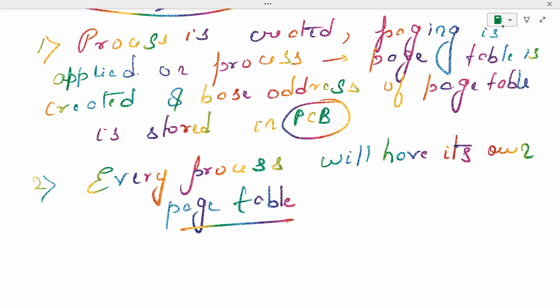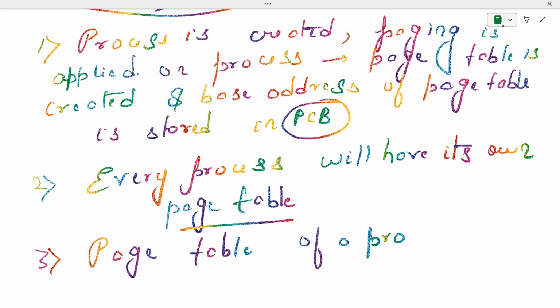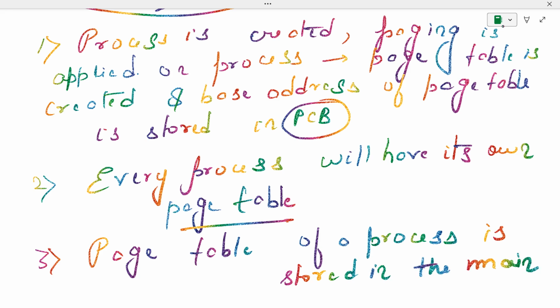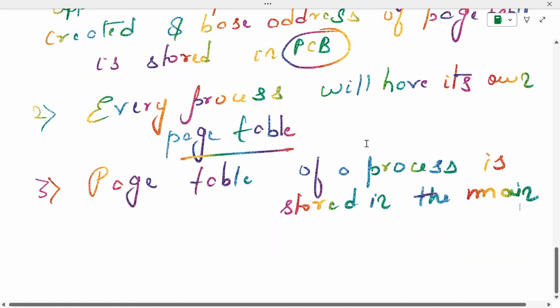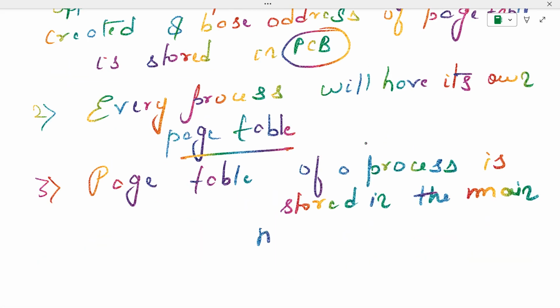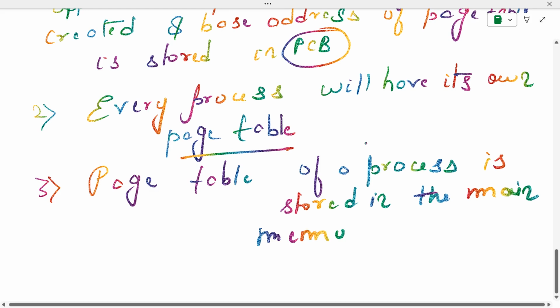Every process will have its own page table, and the page table of a process is stored in the main memory. This is very important.